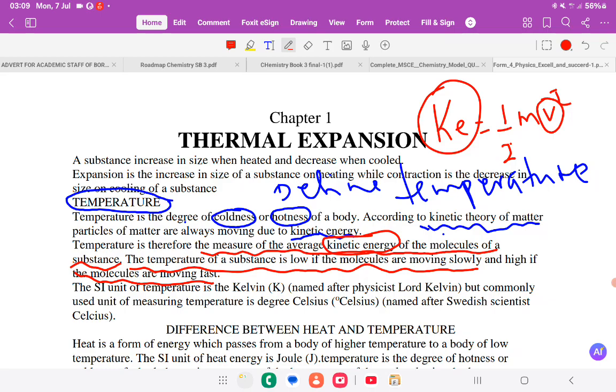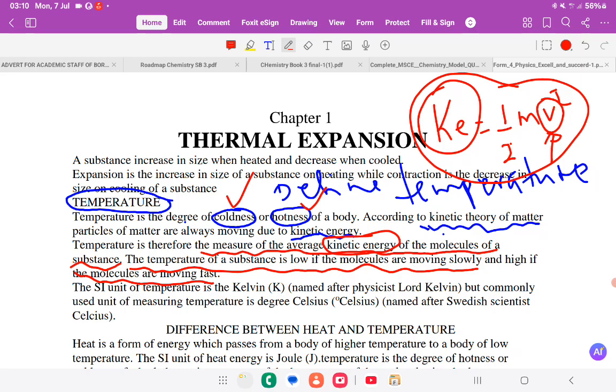One, as simply the coldness or hotness of a body or object, or two, as a measure of the average kinetic energy of the molecules of a substance. Why? Because temperature affects the kinetic energy of a substance. The higher the temperature, the higher the kinetic energy, because the rise in temperature will cause a rise in speed of the molecules.